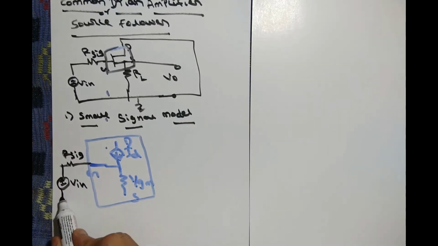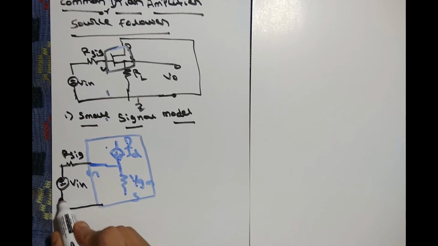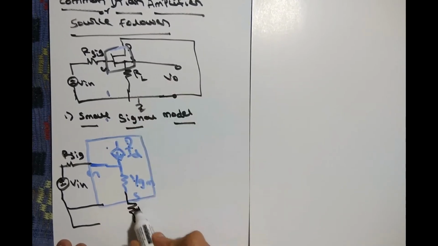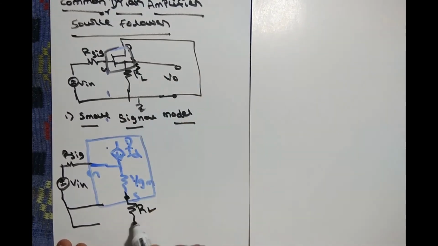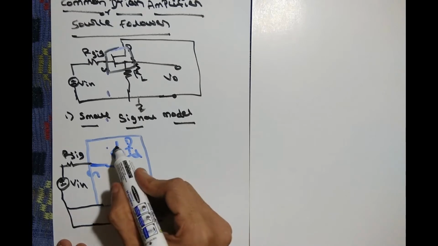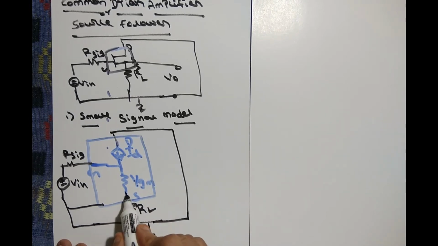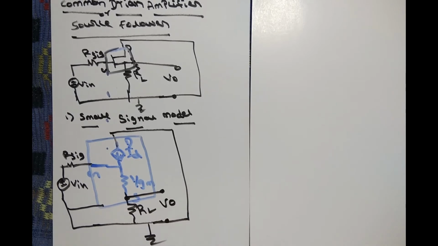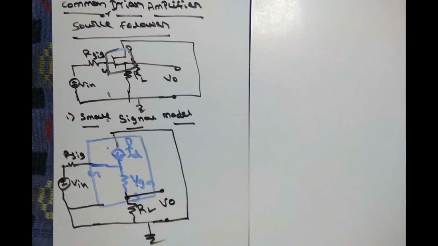This is connected to the gate, and to the source we connect one more resistance, RL. The drain is connected directly to the ground. The output is taken from the source to ground, which is V0. This is the small signal model for the source follower or common drain amplifier.